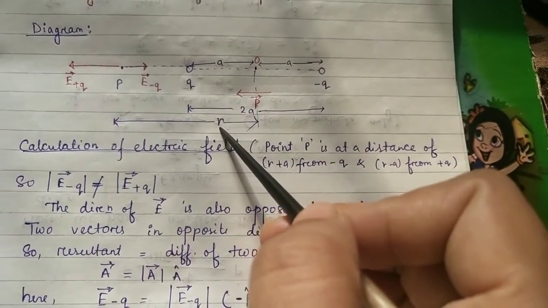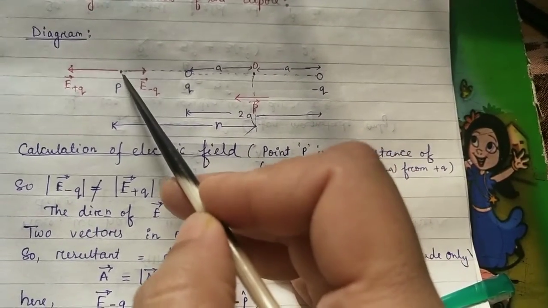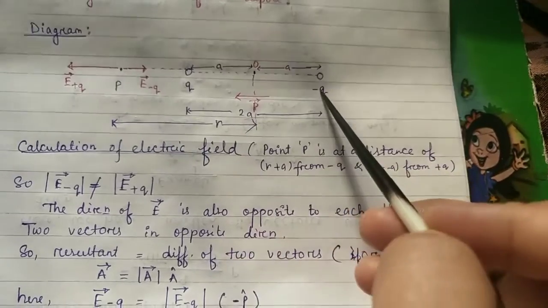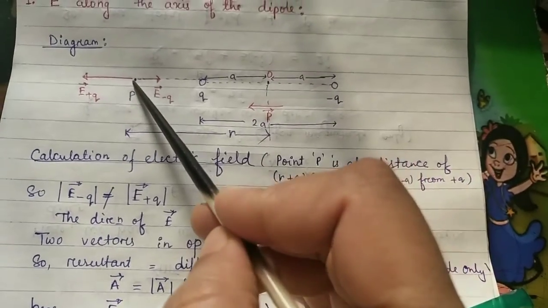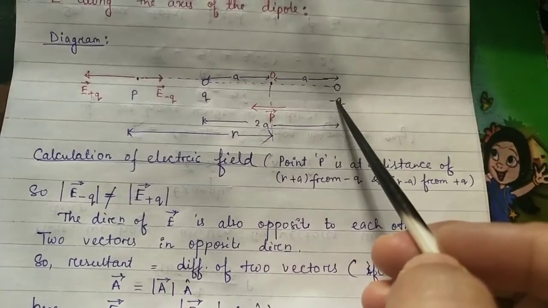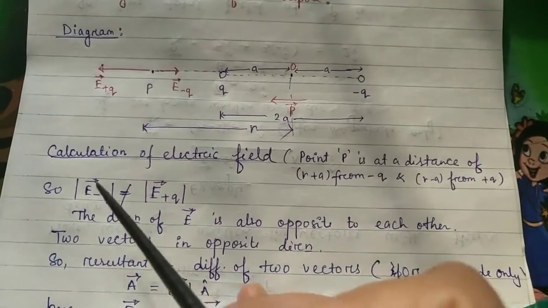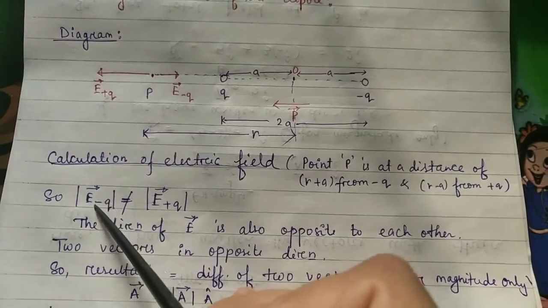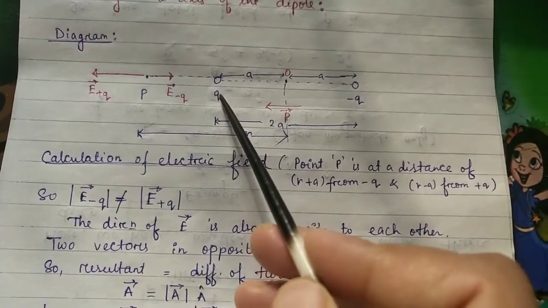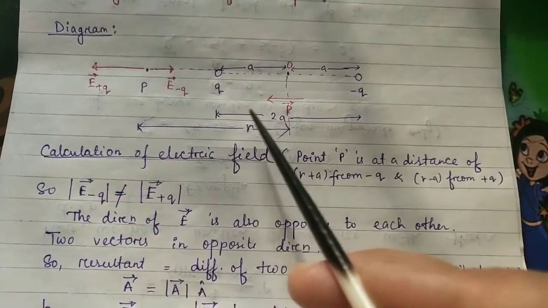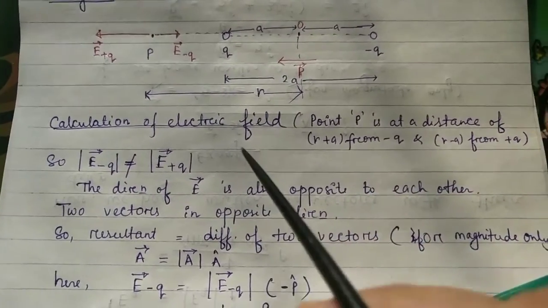Here, as the distance of the point P is not equal from plus q and minus q, the magnitude of electric field at point P due to positive charge and negative charge is not equal to each other, which I have written here. So the magnitude of electric field due to minus q is not equal to the magnitude of electric field due to plus q, because the distance is different in the two cases.